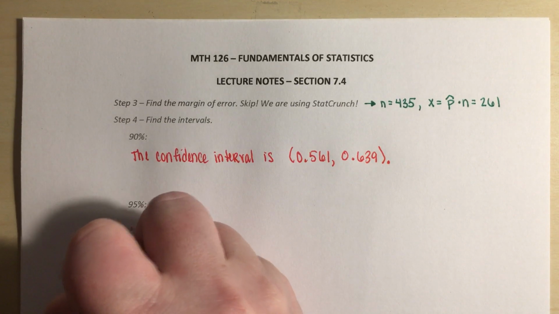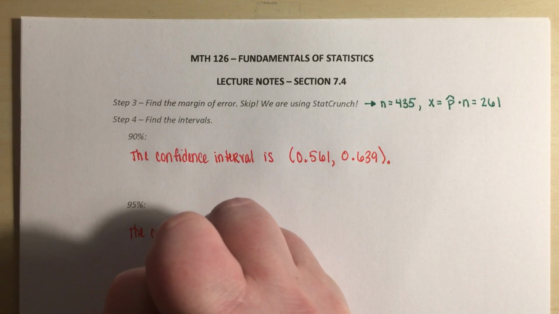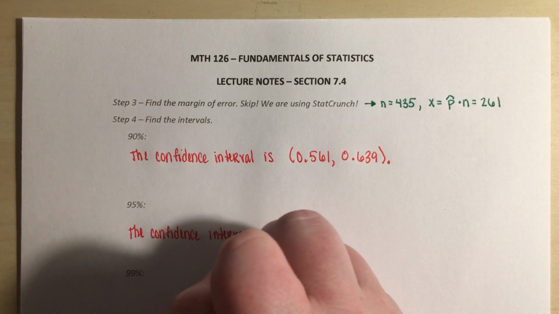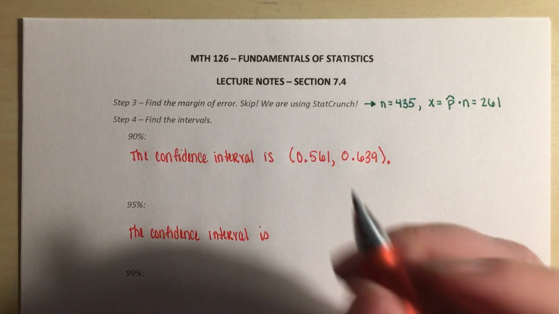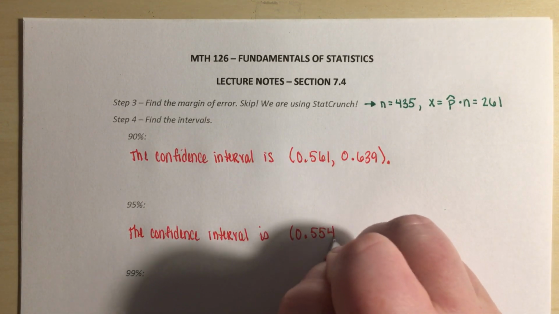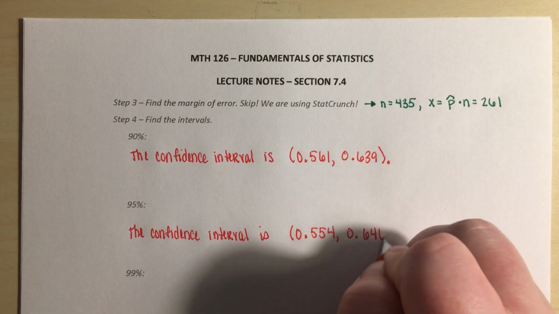For 95%, the confidence interval is, again using StatCrunch, 0.554 to 0.646.